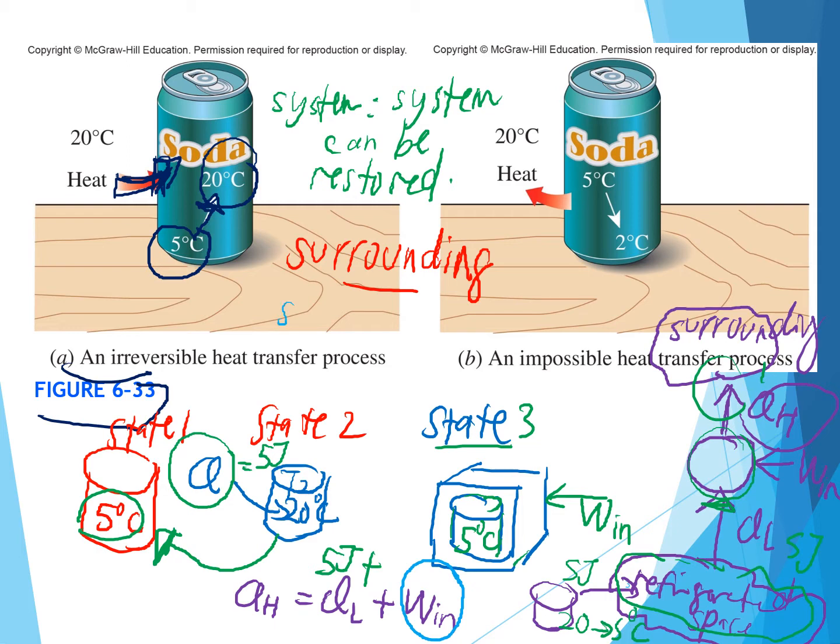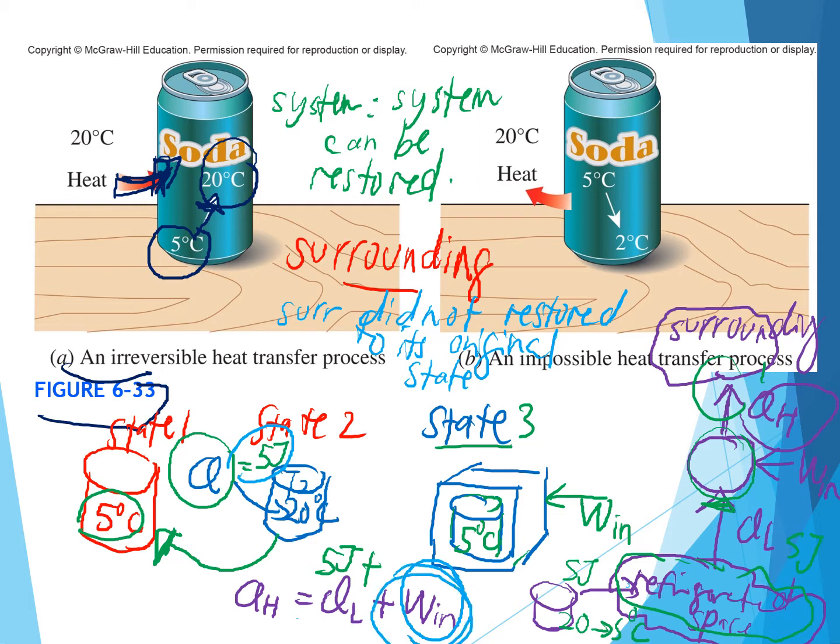the surrounding did not restore to its original state, because originally the surrounding lost this amount of heat, but then gained 5 joule with the additional energy equivalent to the work supplied to the refrigerator.